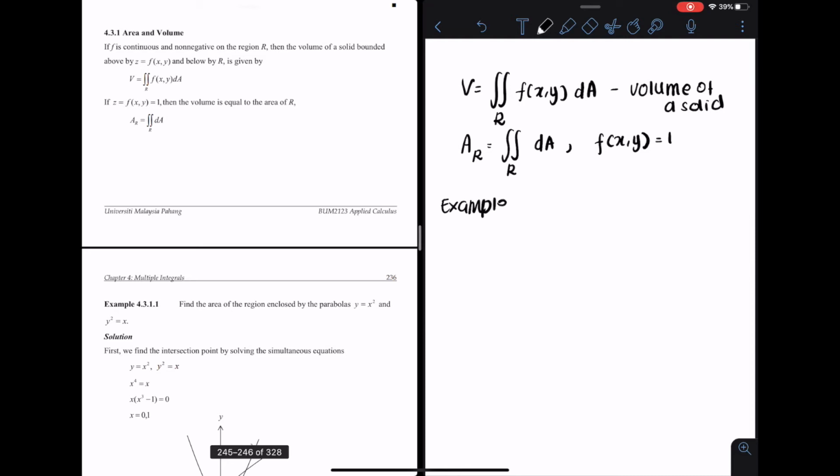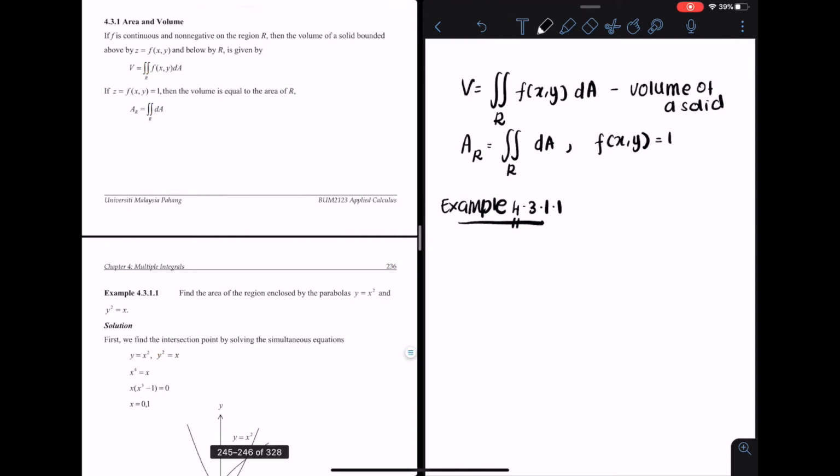Example 4.3.1.1. So this question asks you to determine the area of the region enclosed by the parabolas y is equal to x squared and y squared is equal to x. So right now the function is not given. When the function is not given, and at the same time the question describes that you have to determine the area of the region R, therefore we are talking about the area of the region R by using double integrals.